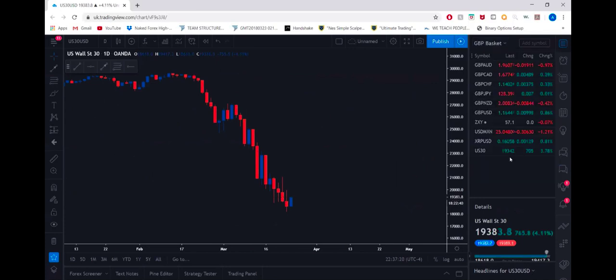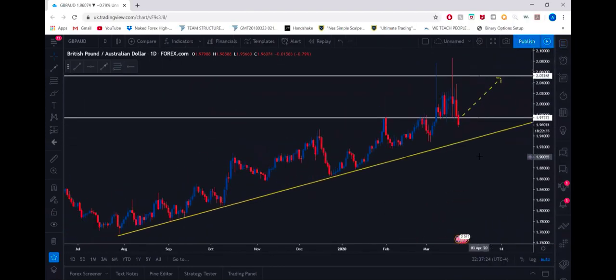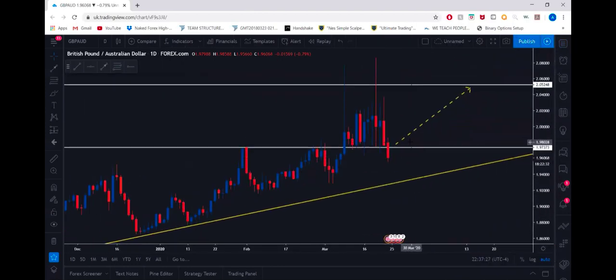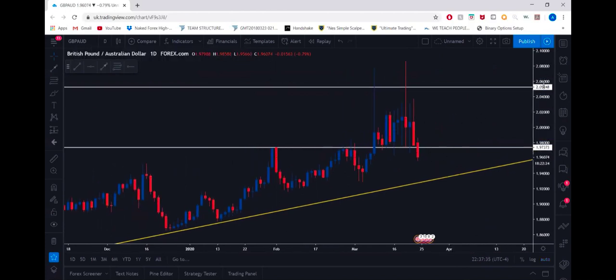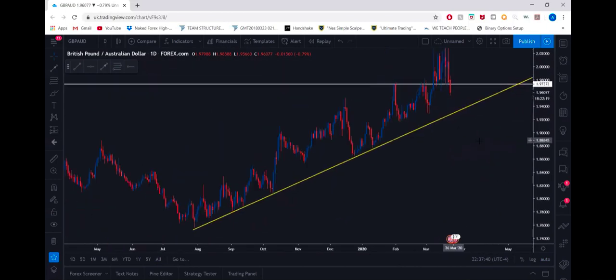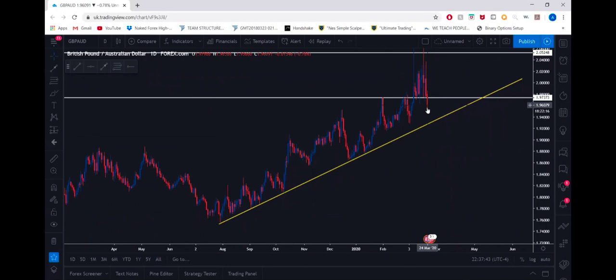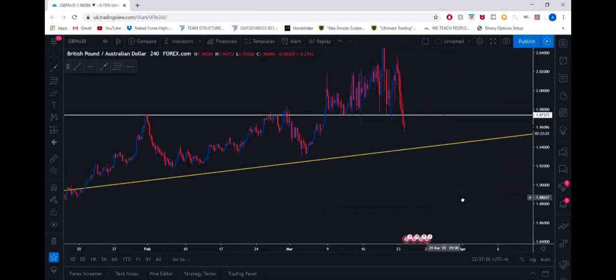Anyway, let's go to GBPs. Here we go with the GBP AUD. So initially I was looking for the rejection here off of this support, but we didn't have that. It looks like the strength in AUD is breaking back down. So we're gonna be patient. We're gonna see if this retraces further to the downside, or, let's go on a 4 hour, we get the break and retest here, right?